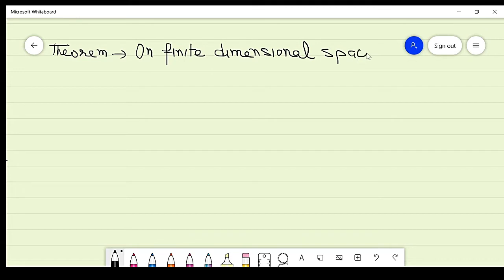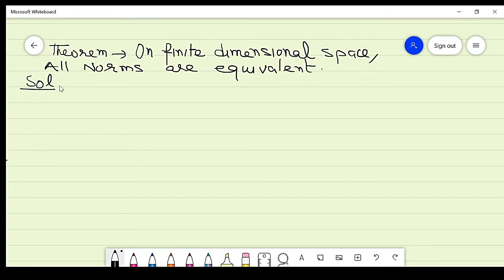This is a very important result, and we will use it in many applications. If the space is finite dimensional, then all norms are equivalent, so in that case they induce the same topology. But in the case of infinite dimensional spaces, it is not necessary that all norms are equivalent.